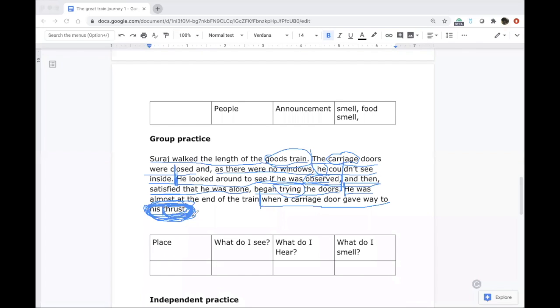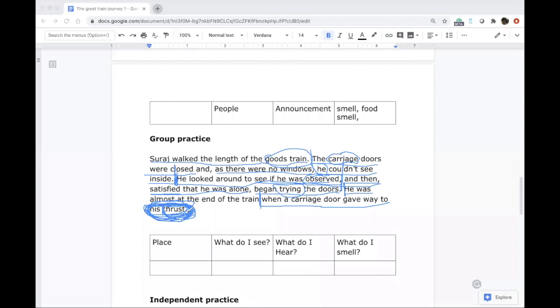Sir, can I guess? Yes, please. I think it was to his wish. That's a good guess, but it's not wish. If you want to try to open a door, what will you do? Sir, he's trying to take a stone and hit it to the lock and open the door.